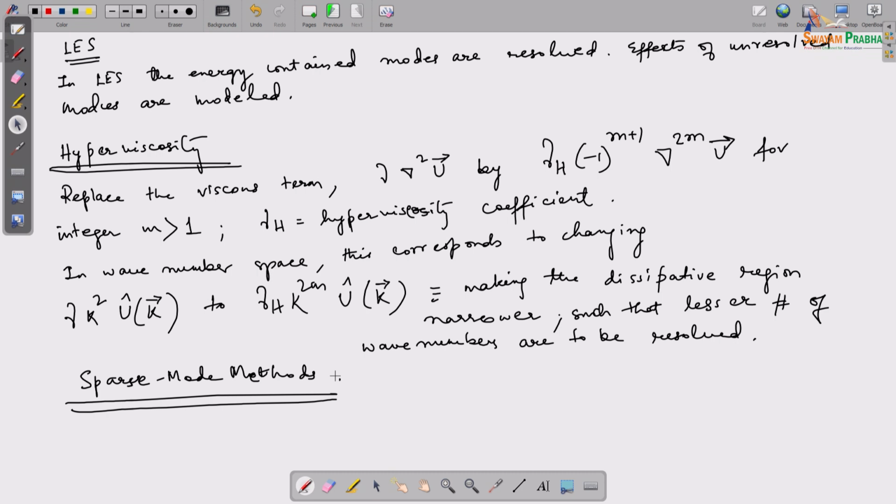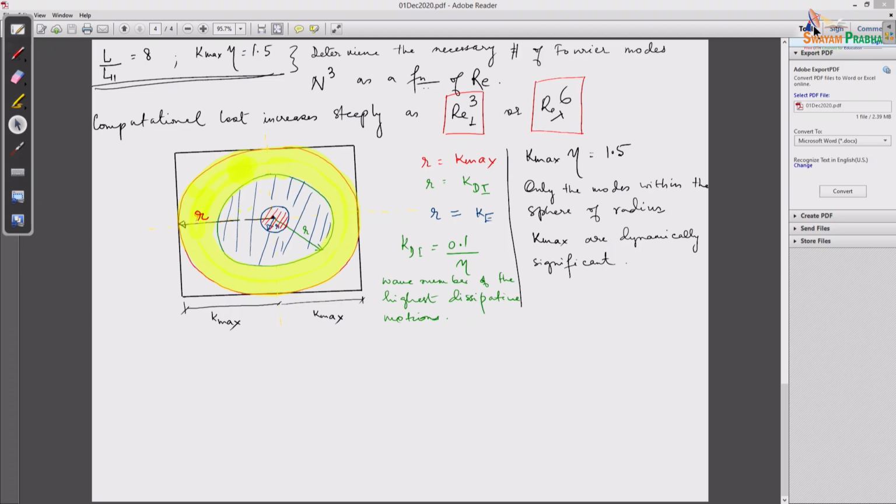So here the energy containing modes are completely resolved, right? This is the region, the energy containing modes in this zone, for R less than Ke. That is completely resolved.